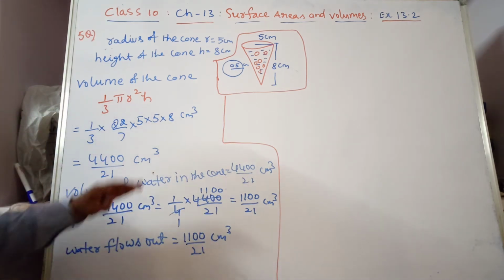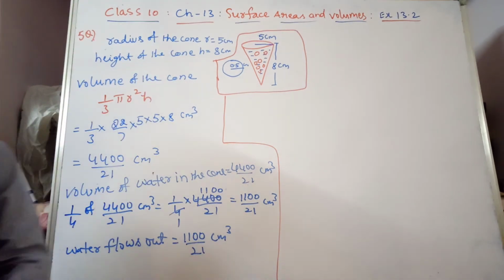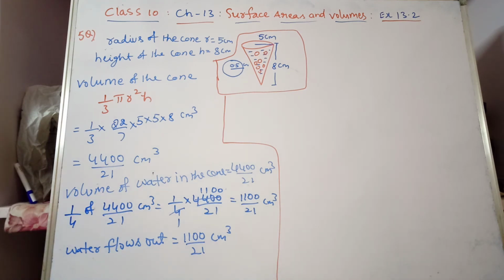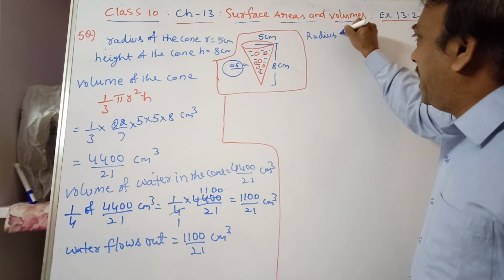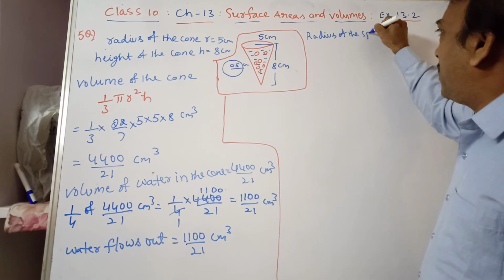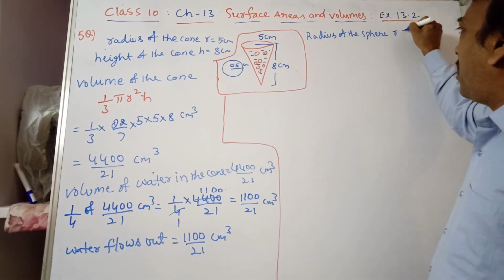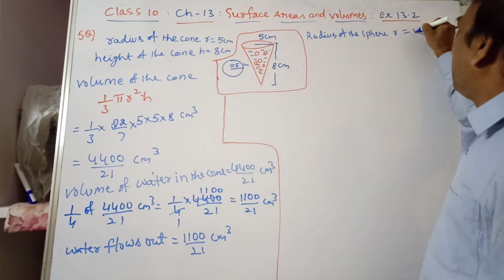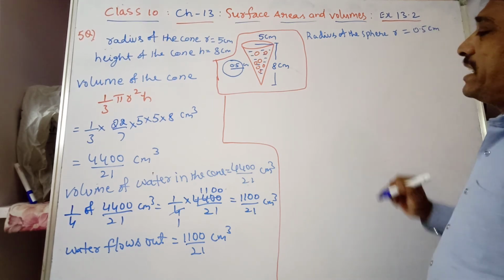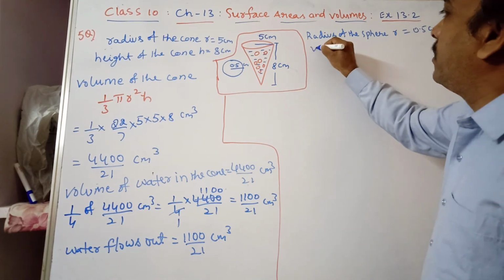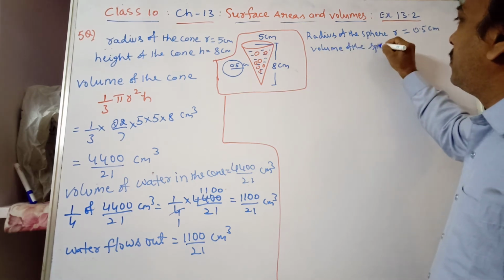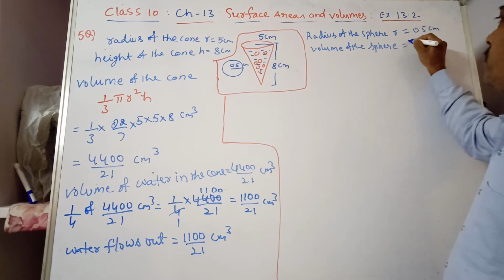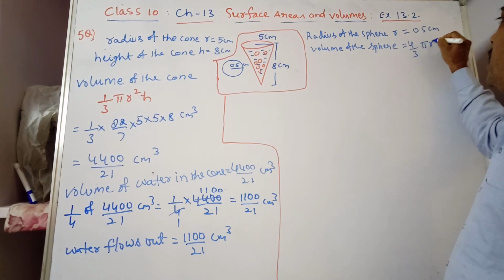Now when they are dropping the spherical balls, what is the radius given? The radius of the sphere, r, is equal to 0.5 centimeter. Volume of the sphere, what is the formula? 4 by 3 pi r cube.